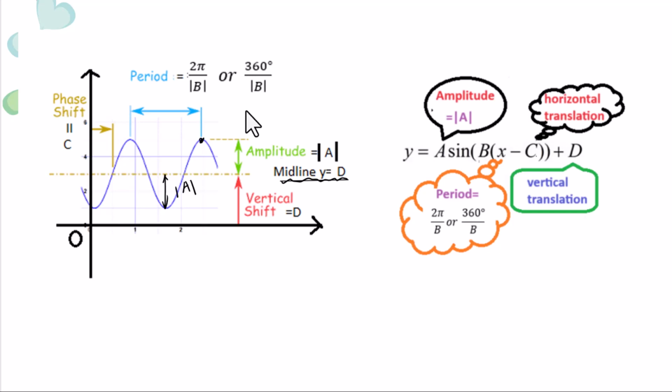Since sine and cosine functions are periodic functions, the distance between two maximums will be 1 period, equal to 2 pi over b for angle in radian, or 360 degrees over b for angle in degree. This A will perform a vertical stretch with a scale factor of a.